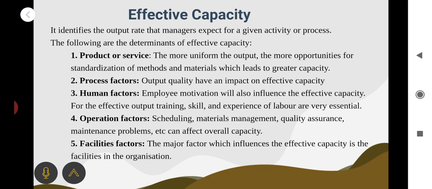Human factors mean employee motivation, skill, experience, etc. Operational factors such as scheduling, material management, quality assurance, maintenance problems, etc. can affect overall capacity. Facilities also affect effective capacity.